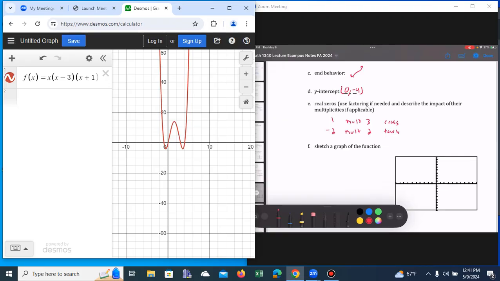Okay, so 0, negative 4. 1, 0, negative 2, 0. And it's an upward snake to it. So it'll come up, it's going to touch at negative 2, then it's going to cross at 1. And then we can look at what this graph looks like.